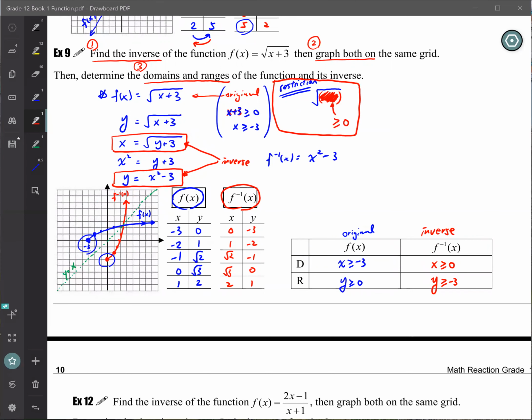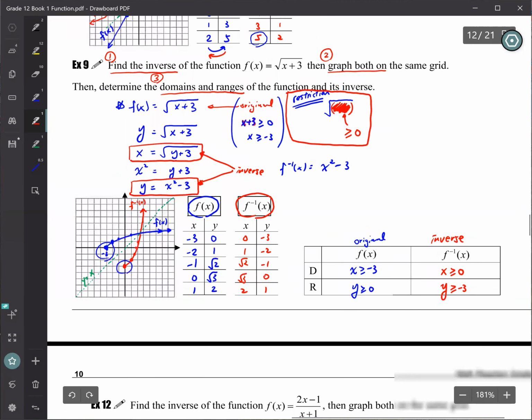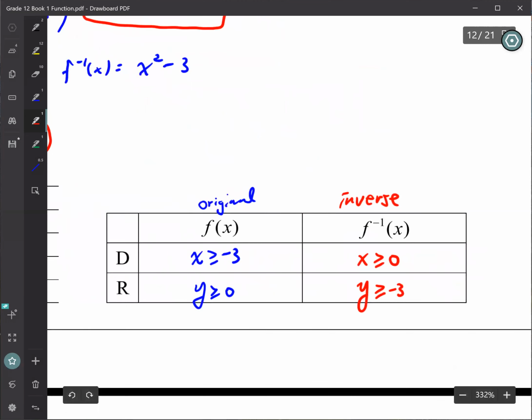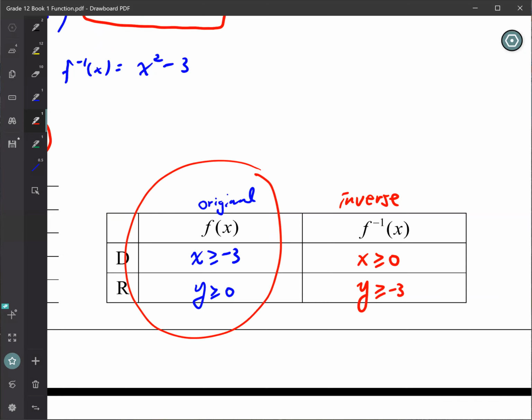Okay, so for this one, what can you see about the domain and range? Any special things happening here? If we know the domain and range for the original, you need to find the domain and range for the inverse. Is there a pattern? Anybody see it?